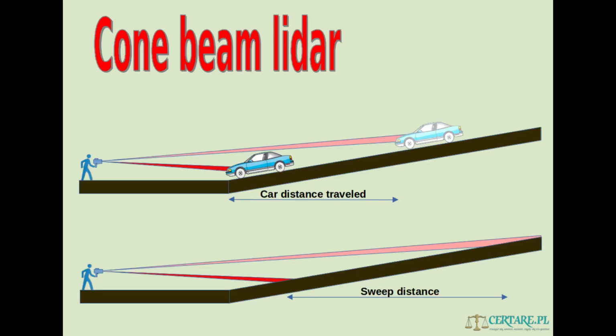A very common situation that creates problems is when the operator is standing at the bottom of some hill and tries to measure a vehicle that's traveling down that hill. So he has to follow that vehicle for at least 1/3 of a second. Otherwise, the beam goes beyond the vehicle, or it slides along the vehicle.